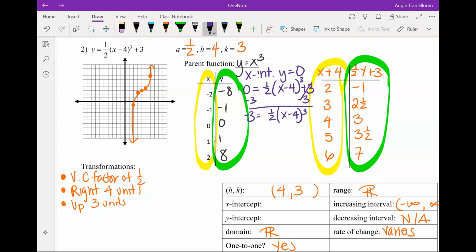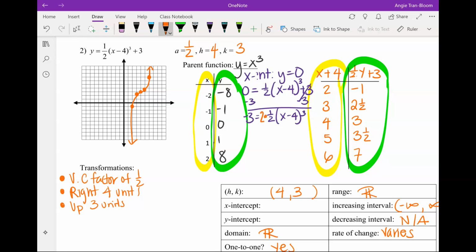Next, what do we do? Divide by half. What's another way of dividing by half? Multiply each side by 2. Right. What's 2 times -3? -6 equals, what's 2 times 1/2? 1. So that's gone. Would you guys agree?